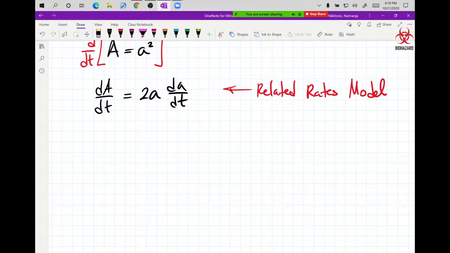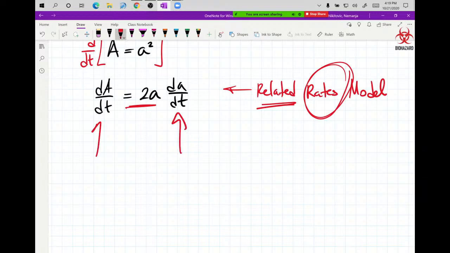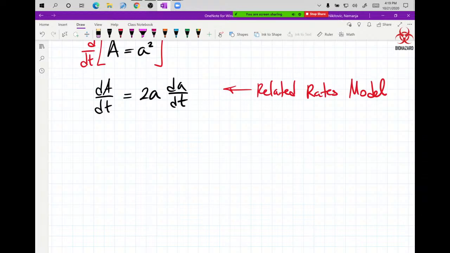And it's related by whatever the formula has in between. So, related rates, plural rates. Rate is a derivative. So the title tells you pretty much everything that you need to know.